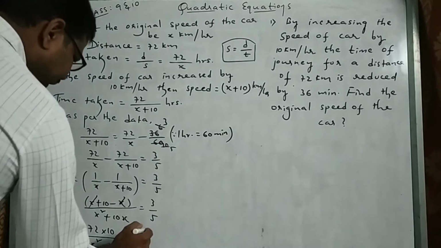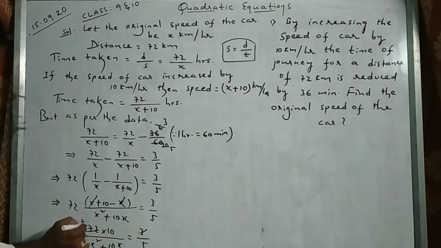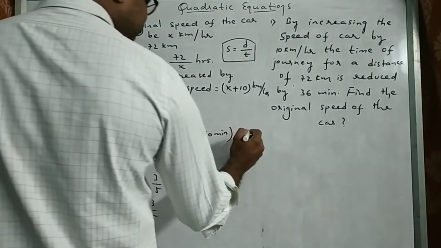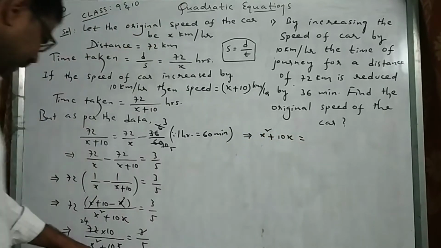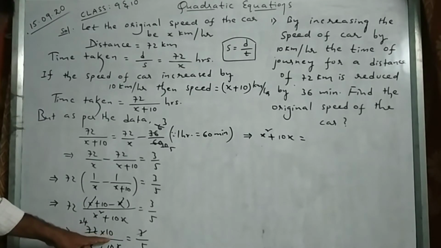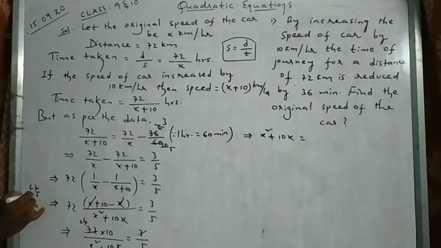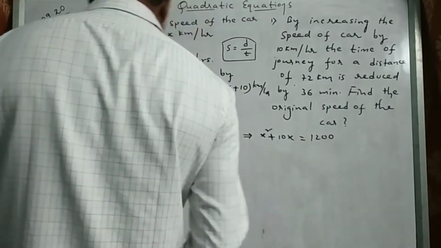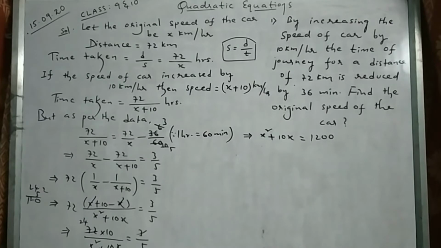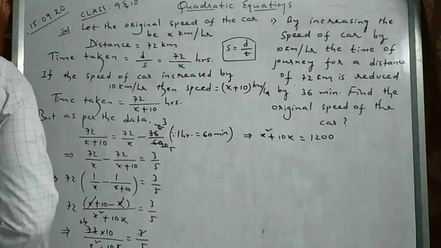Cross multiply: x square plus 10x equals 72 into 10 into 5 by 3. 3 into 24 is 72, so 24 into 5 is 120, and with the zero, 1200.